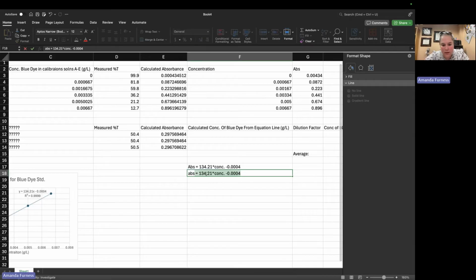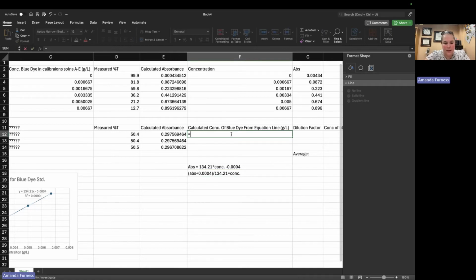So then that means I would have absorbance plus 0.0004, and then all of that divided by 134.21. Okay, and this would then be equal to my concentration. So let's plug this in quick.